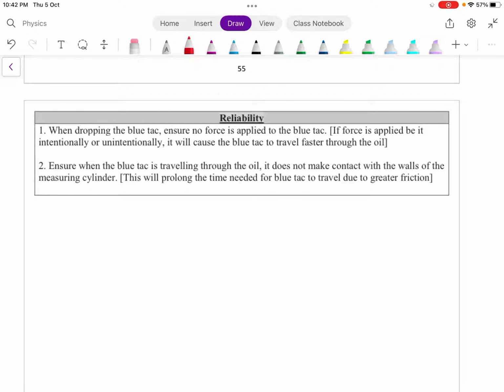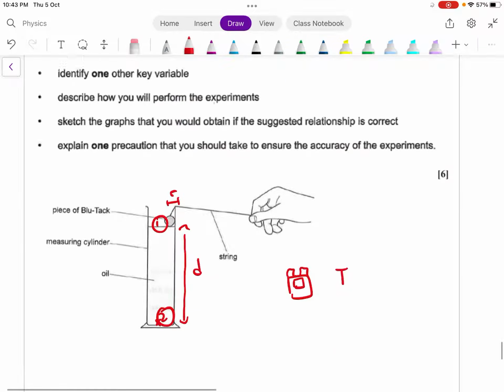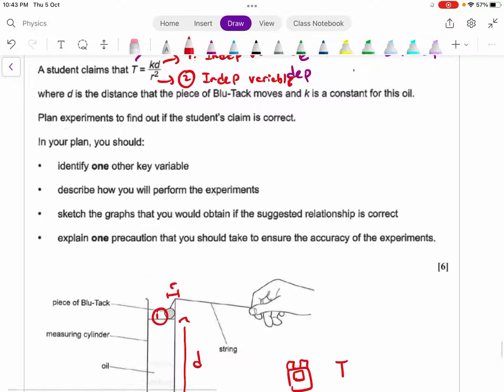What is reliability? Reliability just means what are the steps that I take to ensure or minimize error. Yeah, so because if I go back to the first part, the question, okay, look at the question. There are 4 points, right?